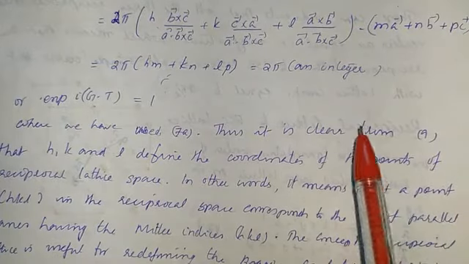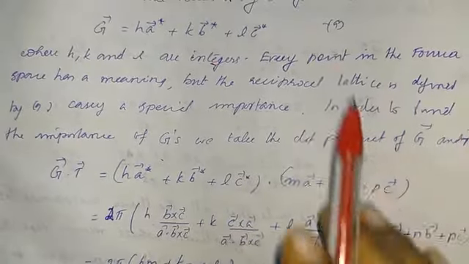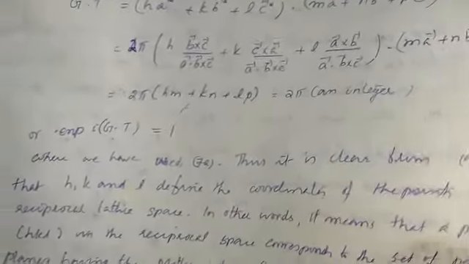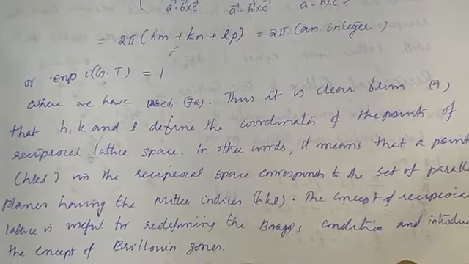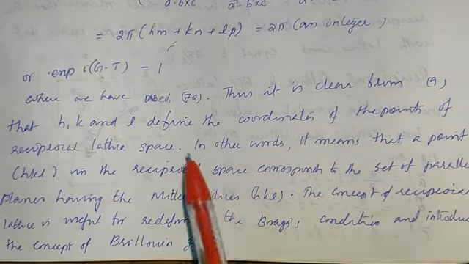It is clear from this expression that H, K and L define the coordinates of the points of the reciprocal lattice space.